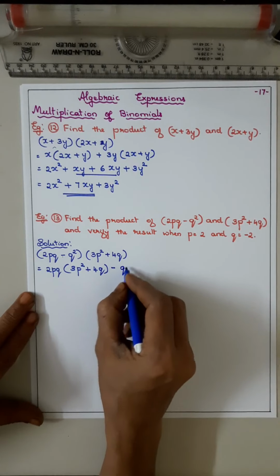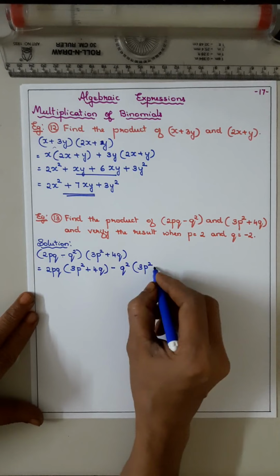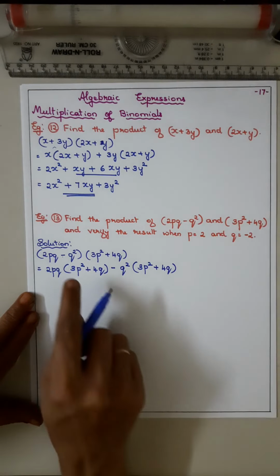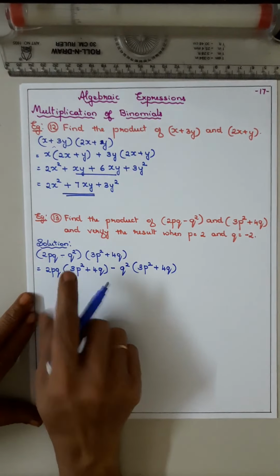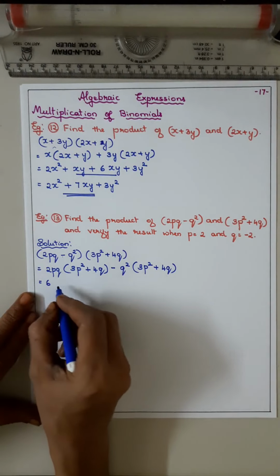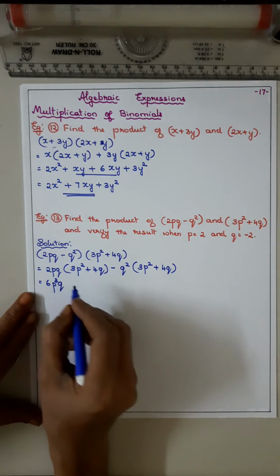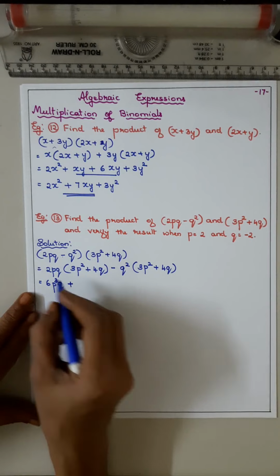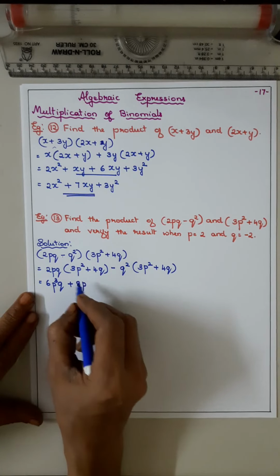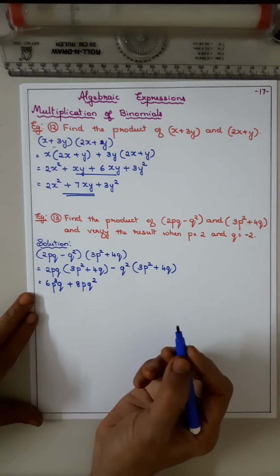Write the second term and multiply with the second binomial. Okay. Now here 2 3s are 6, p squared into p, that is p cube, then it is q, plus 2 4s are 8, then p, q and q, that is q squared.